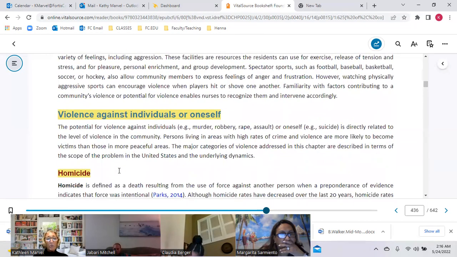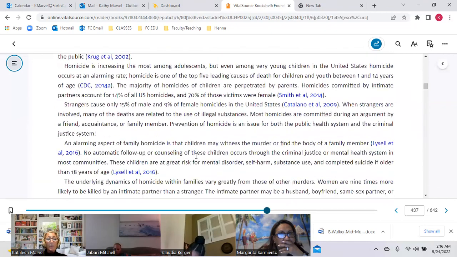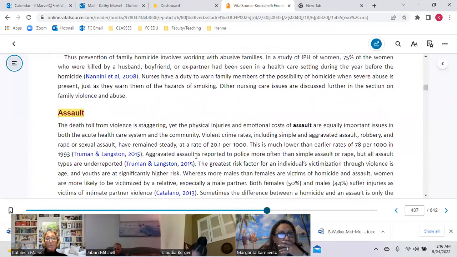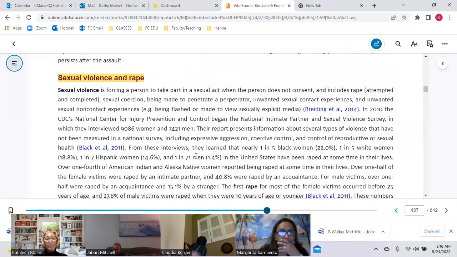Social factors. And then we look at violence against either individuals or oneself. We look at homicide. We all know what homicide is. We look at assault. And then we look at sexual violence and rape. Those are all against others.